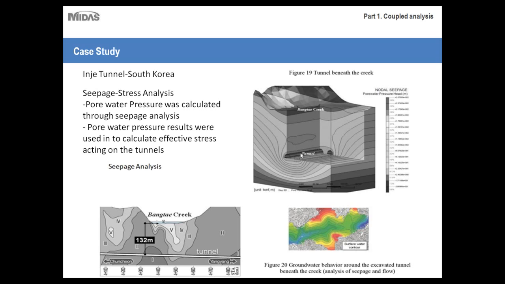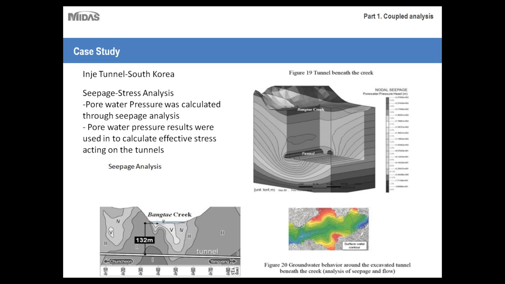Once those pore water pressure loads were modeled onto the tunnel lining itself, they were able to design the tunnel effectively so that it would be resilient to a maximum or critical condition as far as seepage. So in this example, a coupled analysis was absolutely necessary to ensure that they took this very important variable into account.